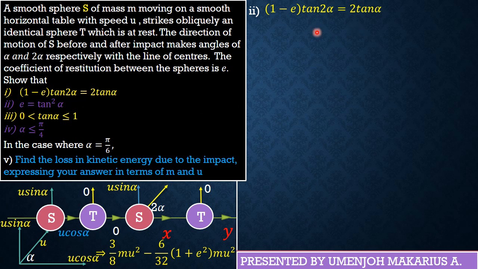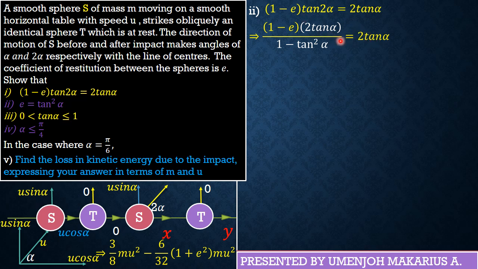We notice that in this proof, they don't have tan 2 alpha anymore. They have just tan alpha. So let's express tan 2 alpha according to our knowledge of trigonometry. Remember, tan 2 alpha is the same as what, guys? 2 tan alpha over 1 minus tan squared alpha, as we have it here. Then friends, we notice that there's a tan alpha here and there's also a tan alpha here, so they can cancel.